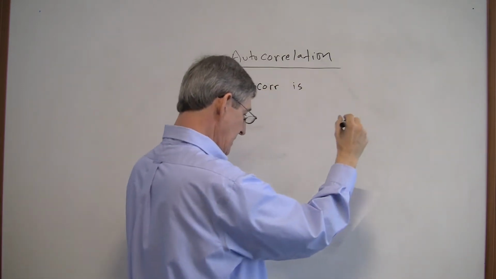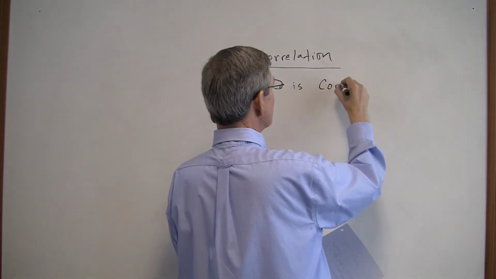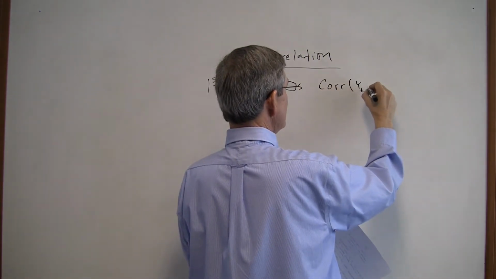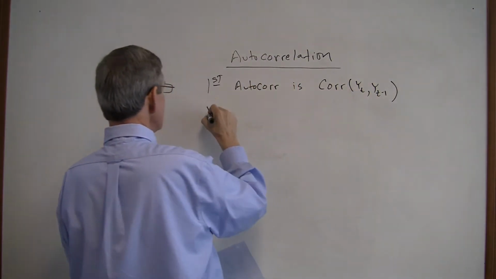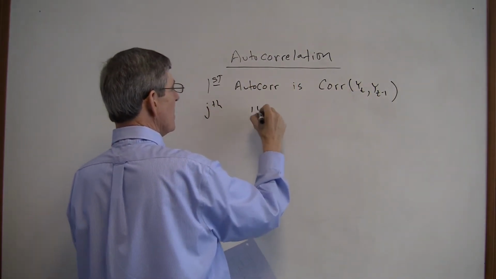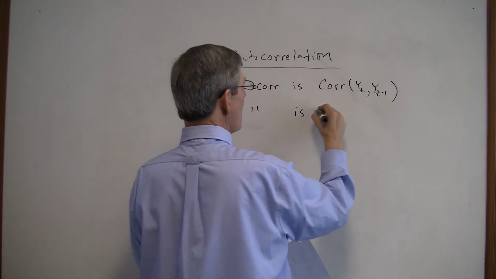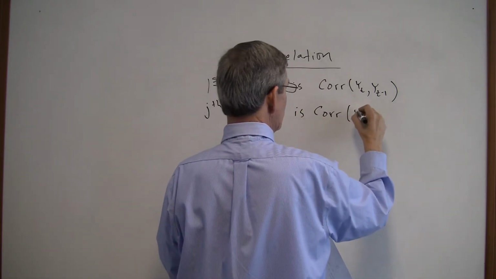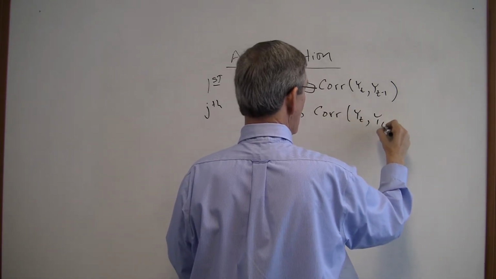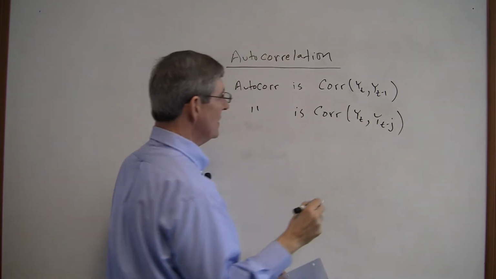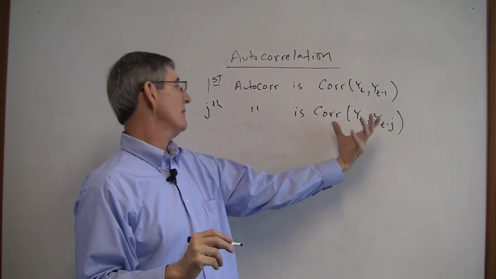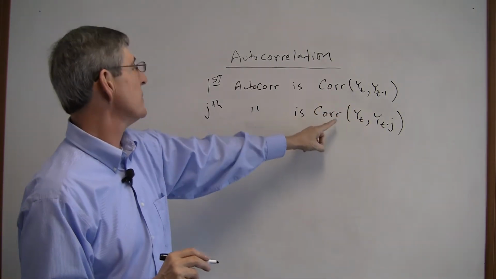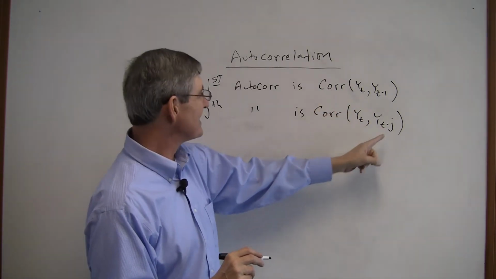So the first autocorrelation is simply the correlation of yt and yt minus 1. The jth autocorrelation is the correlation between yt and yt minus j. Where if j was 0, you basically get the variance, and this would be 1, because the correlation of yt with itself is 1.